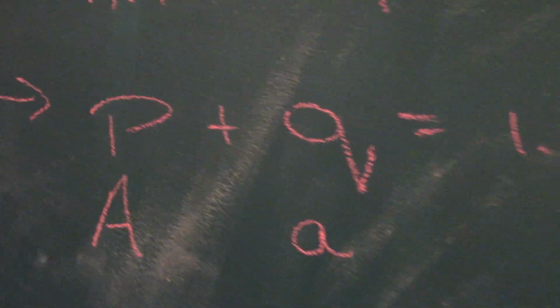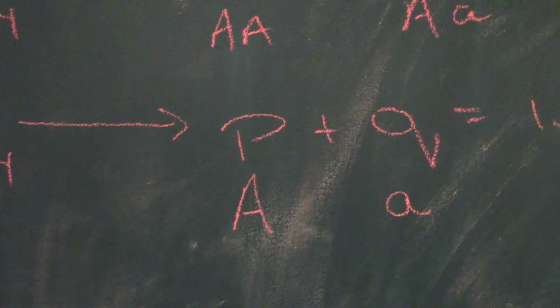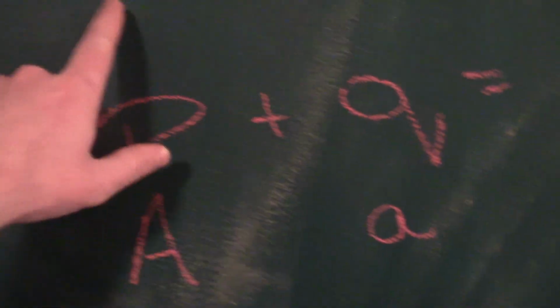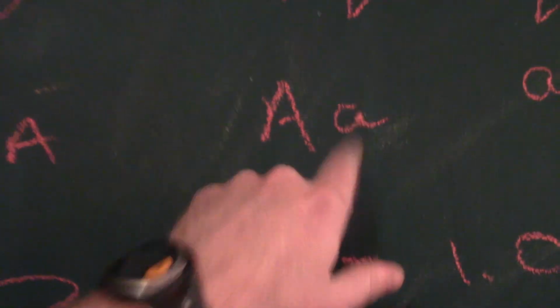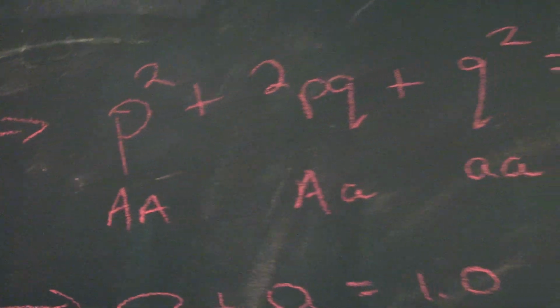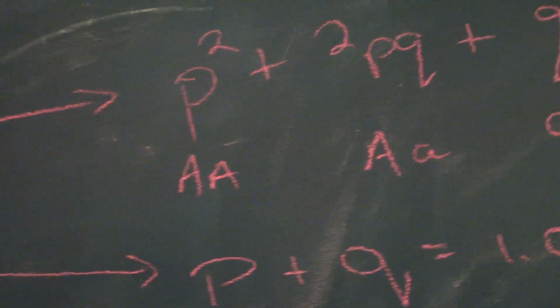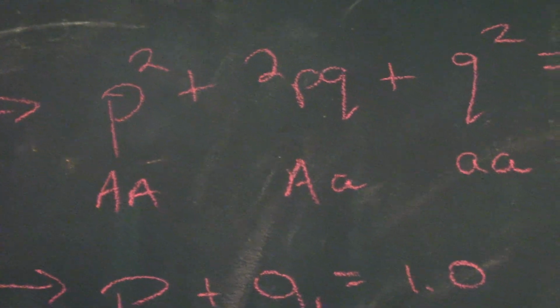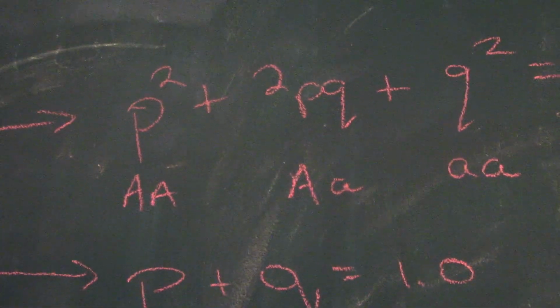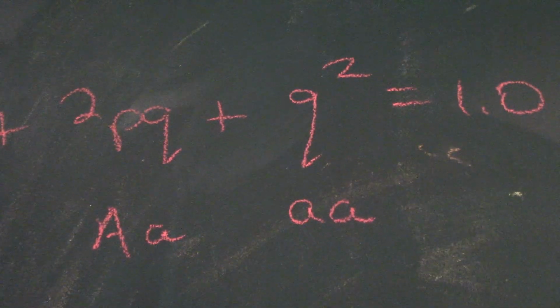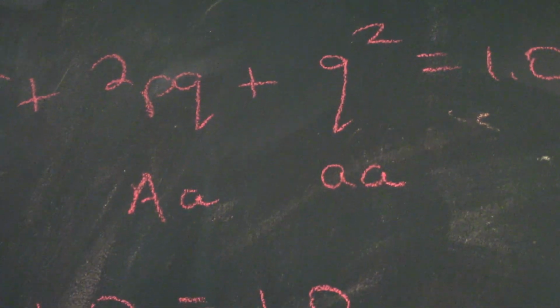Okay, and in the Hardy-Weinberg equation, q is always the recessive allele, p is the dominant. It doesn't matter what letter we use to represent dominant and recessive. p squared, 2pq, and q squared always represent genotypes. So p squared is always the homozygous dominant genotype, so two dominant alleles, 2pq is always a heterozygous, so a dominant and a recessive allele, and q squared is always the homozygous recessive individual.